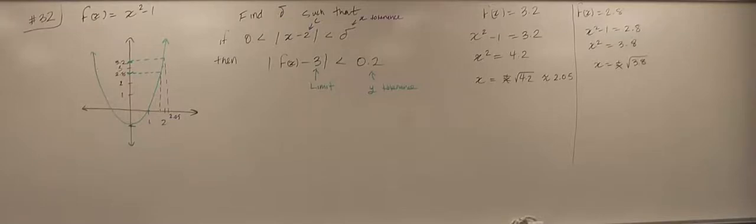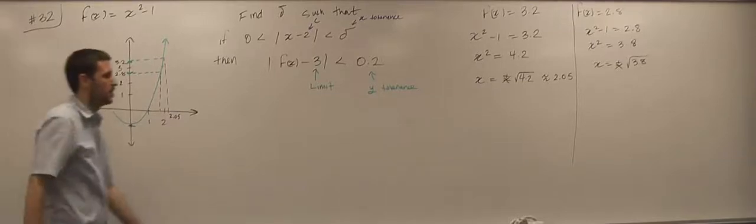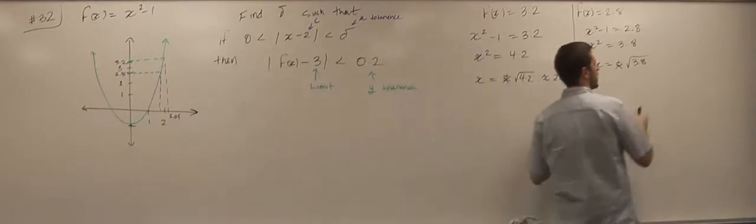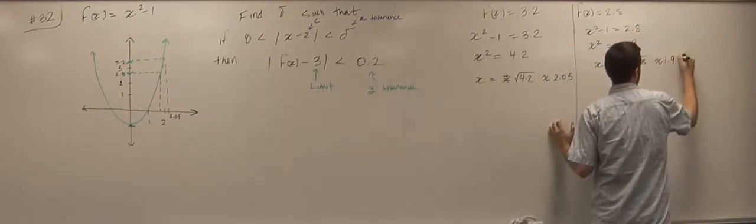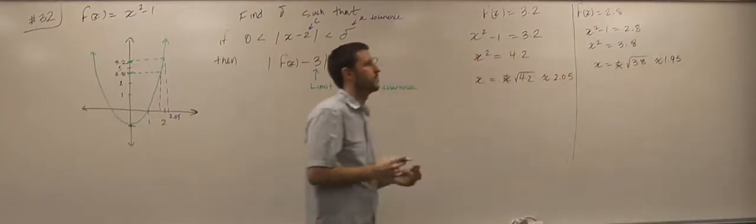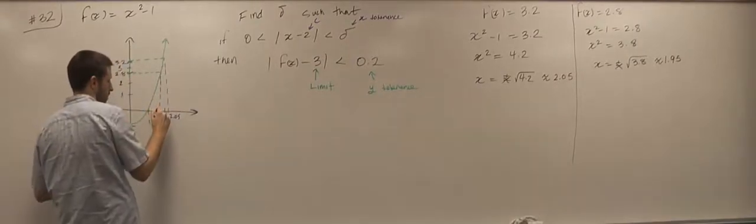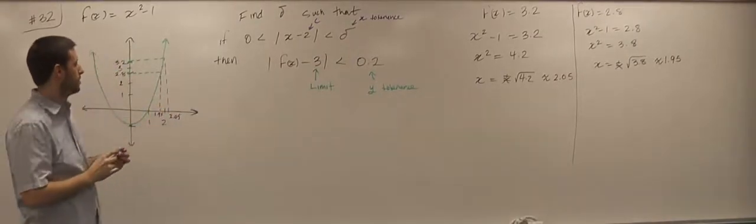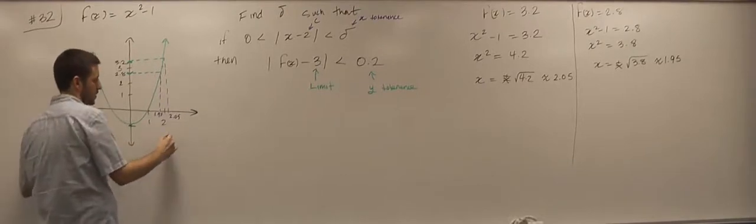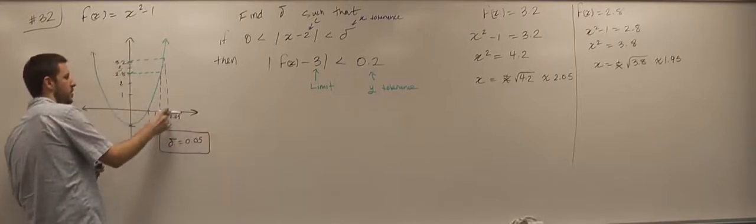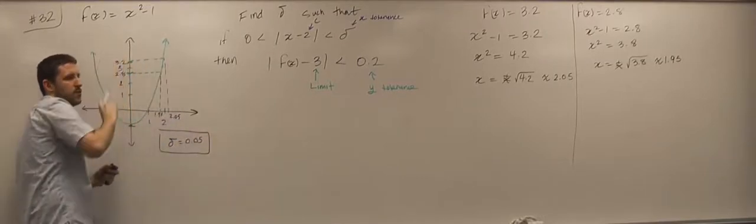Now I just figure out the square root of 3.8. Here it's 1.95. So what should delta equal? 0.05. So if you pick a delta equal to 0.05, your function will stay within a tolerance of 0.2.